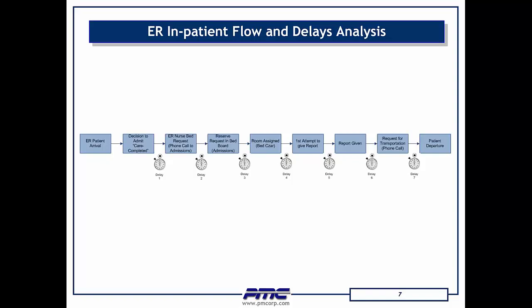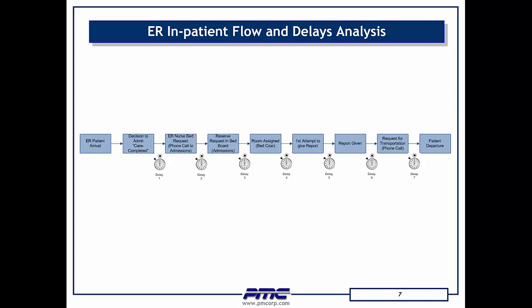In case the patient has to be admitted into the hospital, the nurse has to call the admission room, make a reservation for the bed, and assign a bed. Once a bed has been assigned, a report has to be given. A report is giving a history of what the patient came in for, when he came in, and what happened.